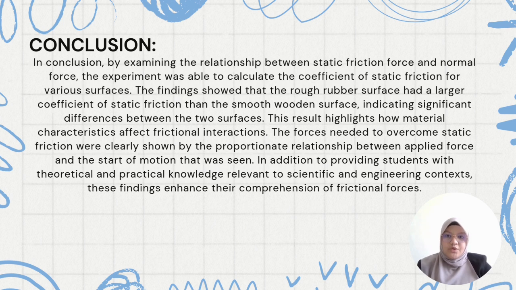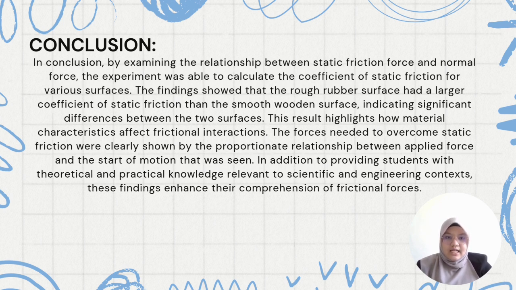So, in conclusion, by examining the relationship between static friction force and normal force, the experiment was able to calculate the coefficient of static friction for various surfaces. The findings showed that the rough rubber surface had a larger coefficient of static friction than the smooth wooden surface, indicating significant differences between the two surfaces.